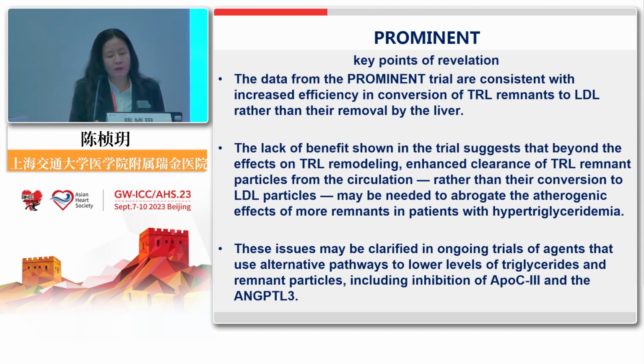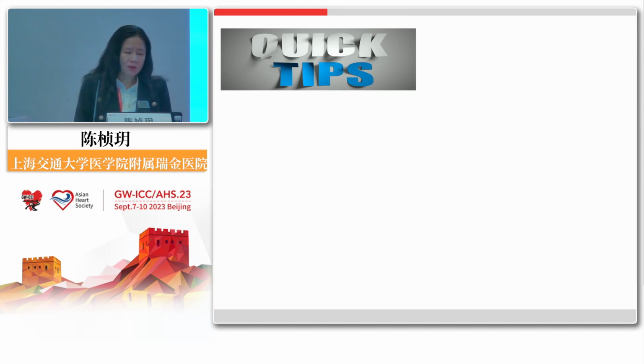These issues may be clarified in ongoing trials of agents that use alternative pathways to lower levels of TG and remnant particles, including inhibition of ApoC3 and ANGPTL3. So I would like to give a quick tip about this part.